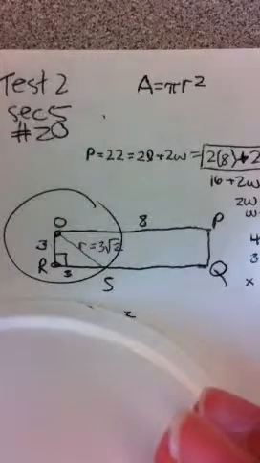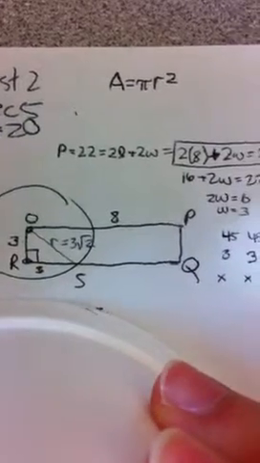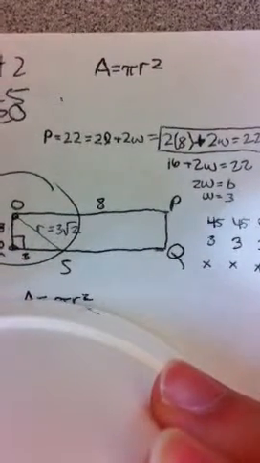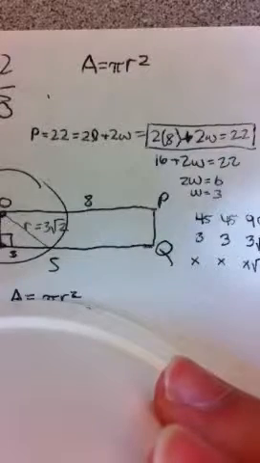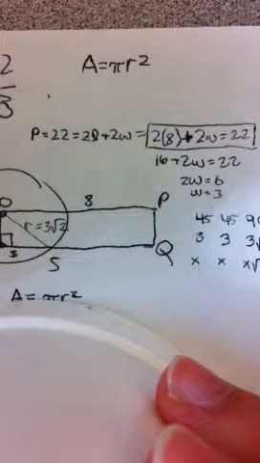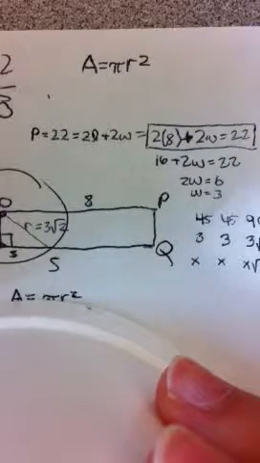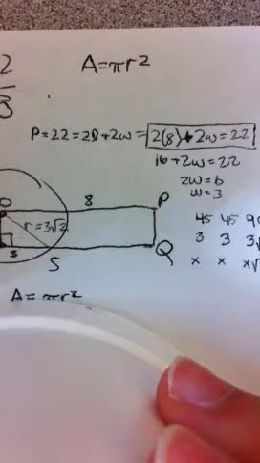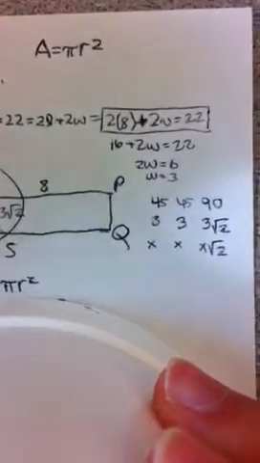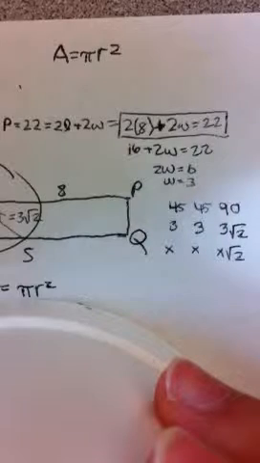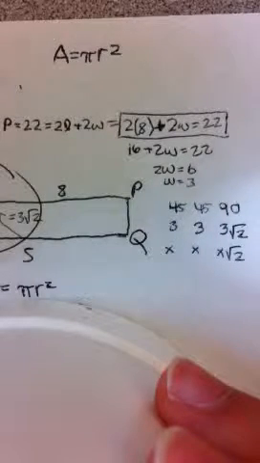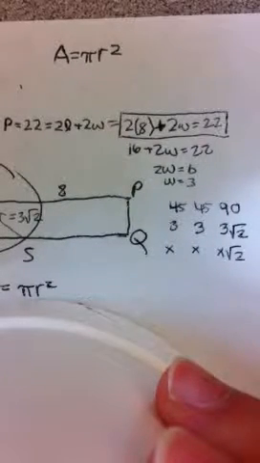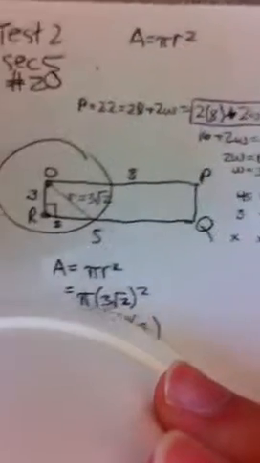Now how do we find OR? Well, they gave us the perimeter, which was 22, and we know the perimeter of the rectangle had to be 2 length plus 2 width. And they gave us one side, which was 8, so we plug that into the formula. 2 times 8 plus 2 width equals 22. Isolate width to get 3.